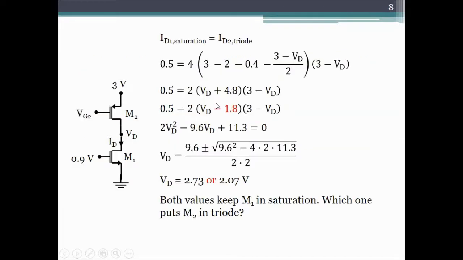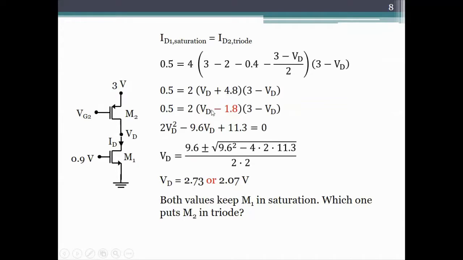Alright, so let's go back to that problem. M1 was in saturation, M2 was in triode. We wrote this equation. Then I wrote this equation, and this plus 4.8 was incorrectly calculated.